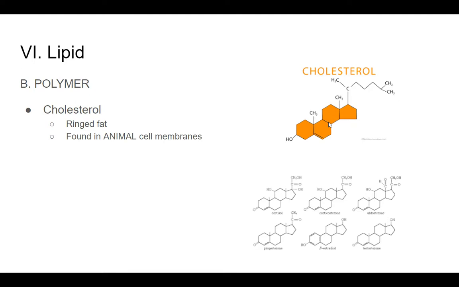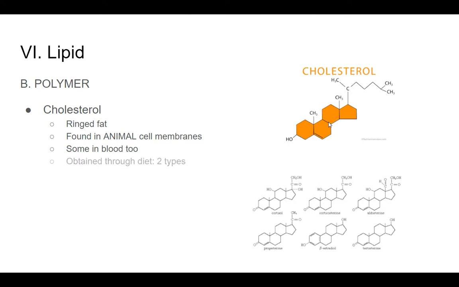Cholesterol is found in cell membranes, but only in animal cell membranes. So this would not be something that we find in a plant cell or a fungal cell or a protist cell or protozoan. We find them only in animal cell membranes. They do float around in our blood as well, and we'll talk about why they might do that as we get into Unit 2.